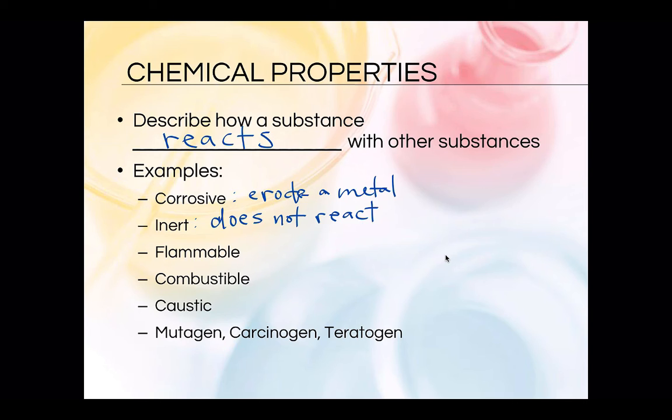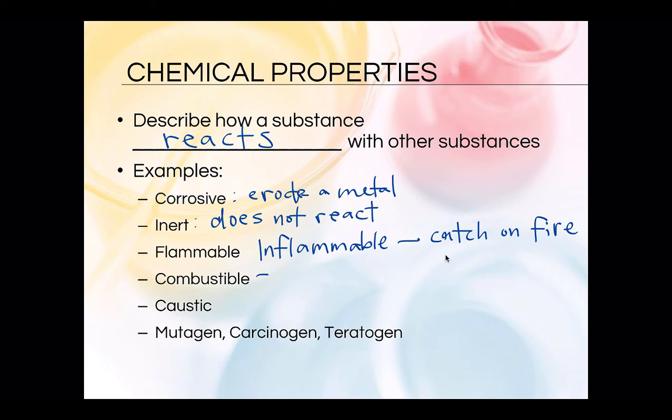Flammable and combustible are not the same, but flammable and inflammable mean the same thing, which is a strange quirk of the English language. It both means that they can catch on fire. So if a substance is labeled as flammable or if it's labeled as inflammable, both of those words mean it could possibly catch on fire, so don't stick it next to the Bunsen burner.